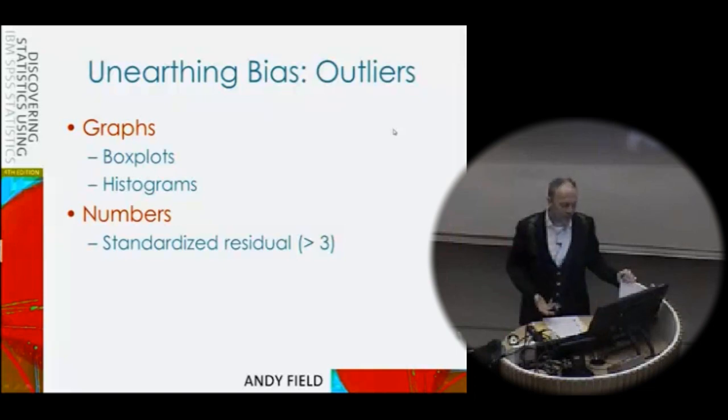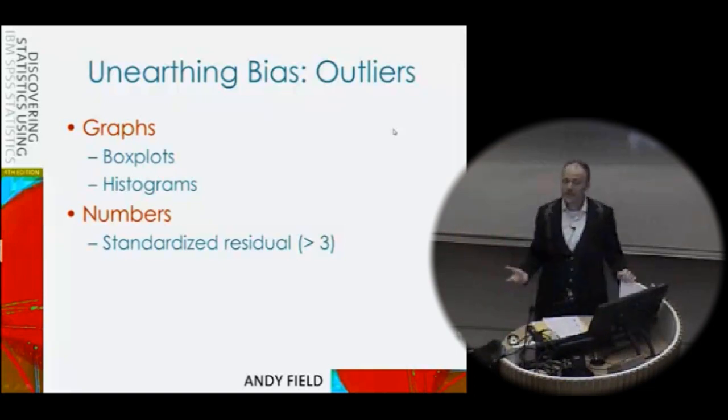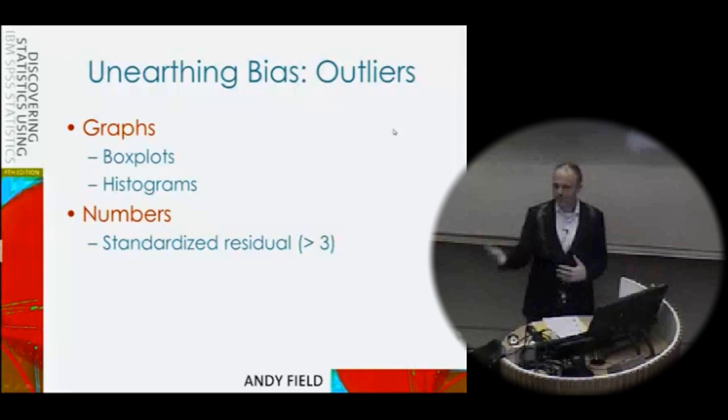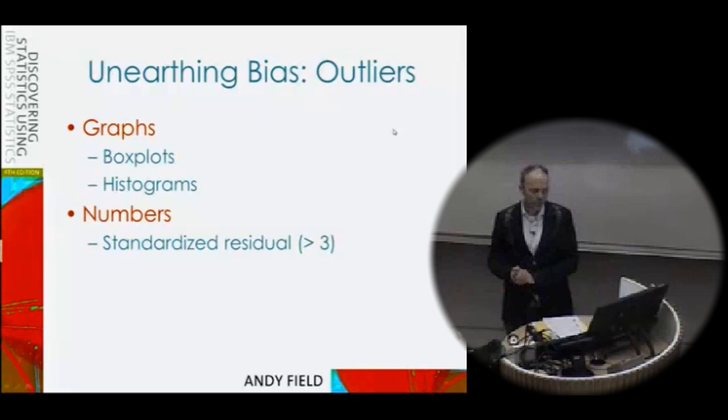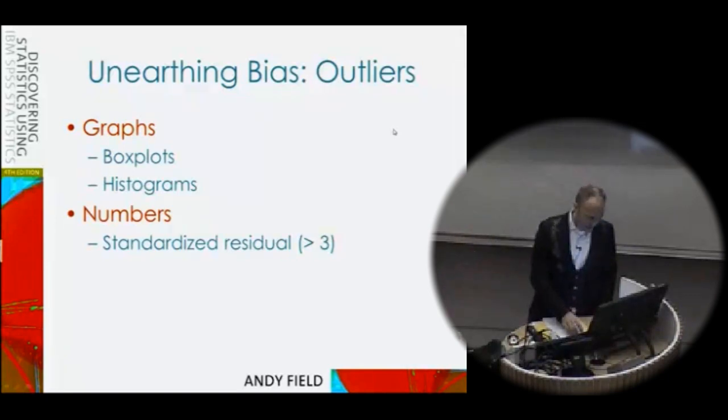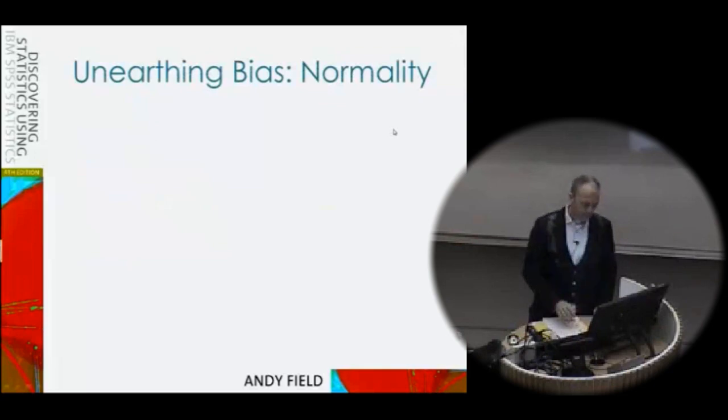Now, if your standardized residual is greater than about 3, then that's possibly an outlier. If it's greater than 4, that's almost certainly an outlier. So you can look at standardized residuals, but you can also do more general things than looking at individuals, like just say, how many standardized residuals in my sample are big, and if a lot of them are big, then it probably means that your model's not a good fit.